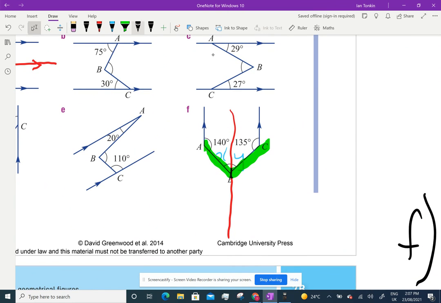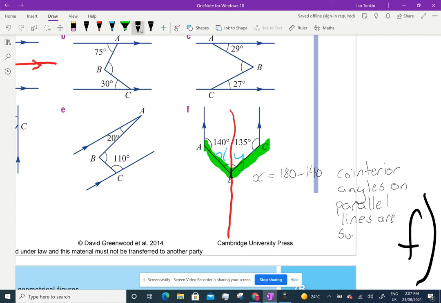All right. X equals 180 minus 140, because they're co-interior angles on parallel lines, which are supplementary.